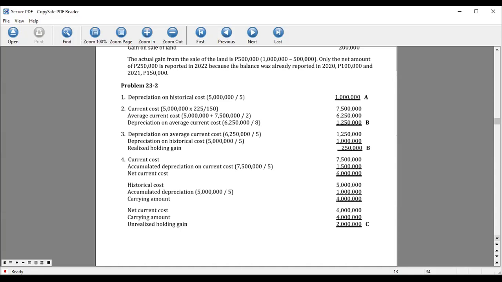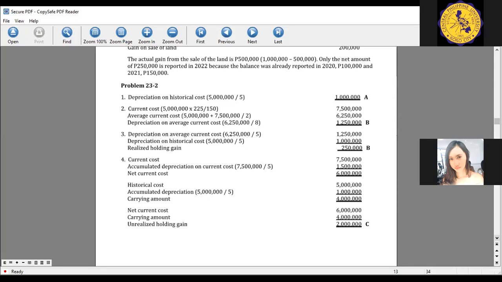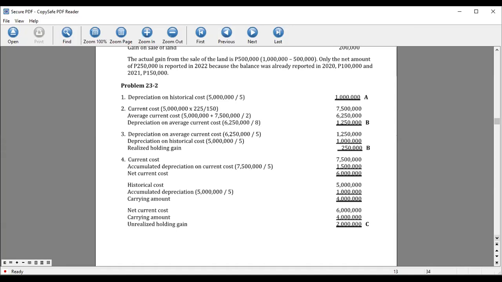The average current cost is the 5 million original cost and the 7.5 million current cost. We divide the total by 2, and we get the average current cost of 6,250,000.